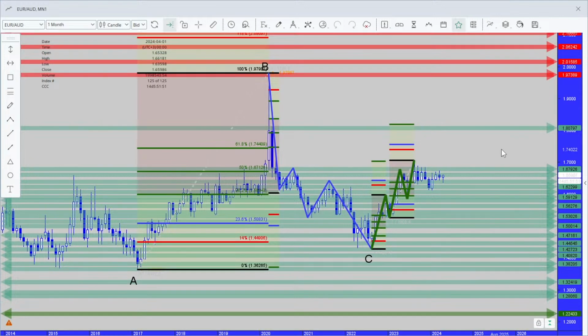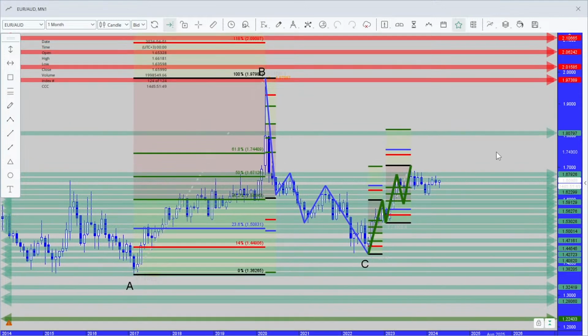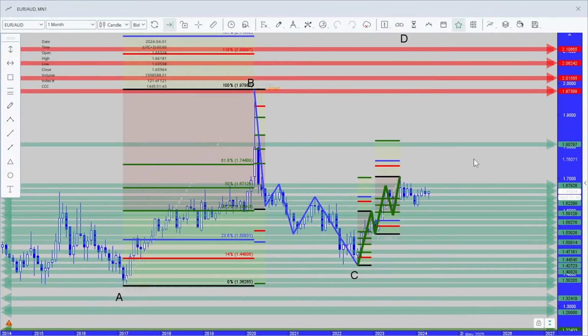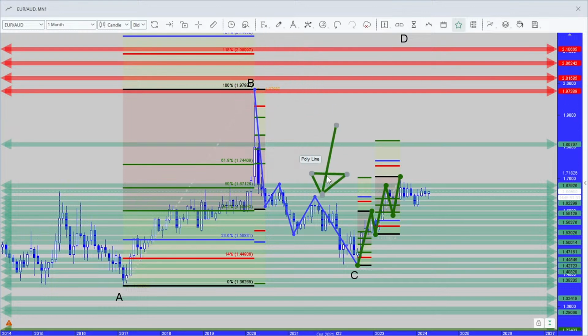So it's the Euro AUD monthly chart, everybody. How is the trend direction? And remember, we're not talking about this. Alright, we're talking about the Fibonacci. How is the ABC positioned?